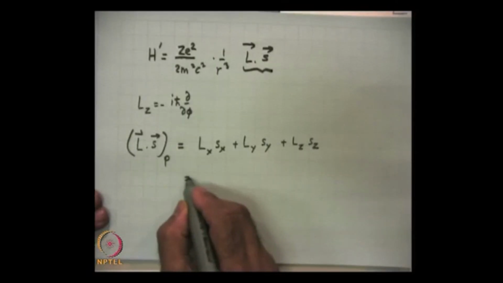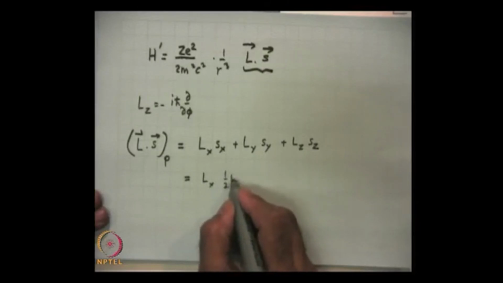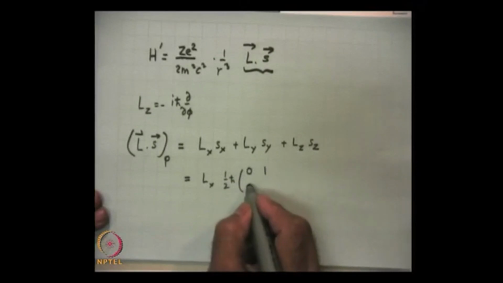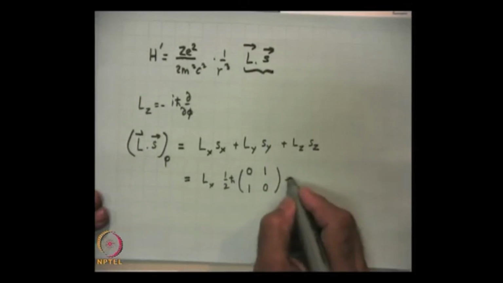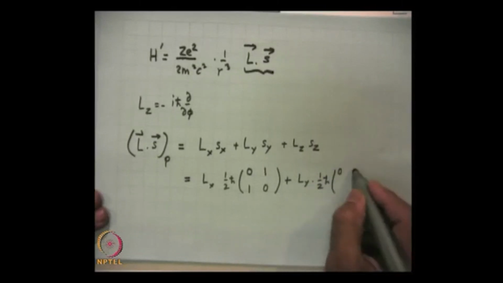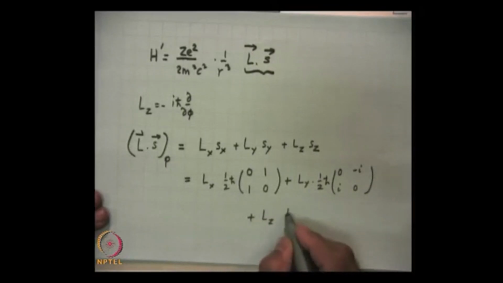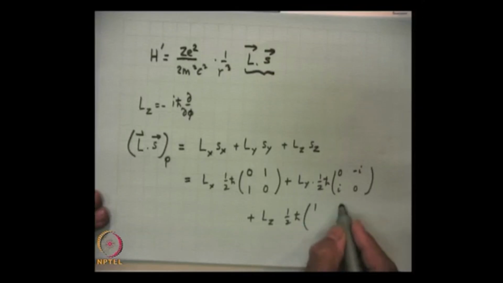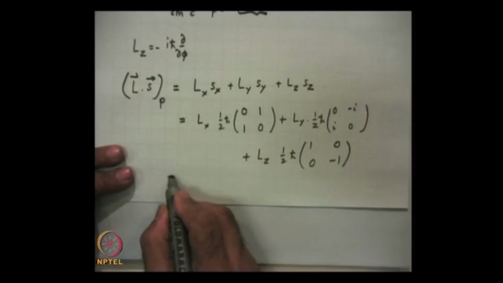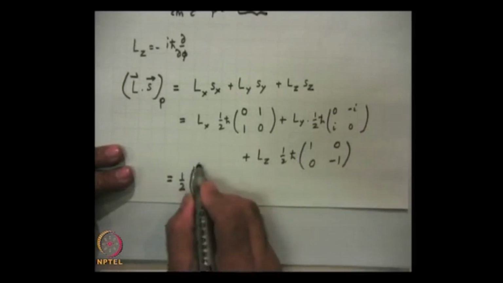And if you write this down, then this becomes Lx, then Sx is half h cross times the matrix 0 1 1 0, Ly times half h cross times the matrix 0 minus i i 0, plus Lz times half h cross times the matrix 1 0 0 minus 1. So, if you take half h cross outside, let me write it down carefully.